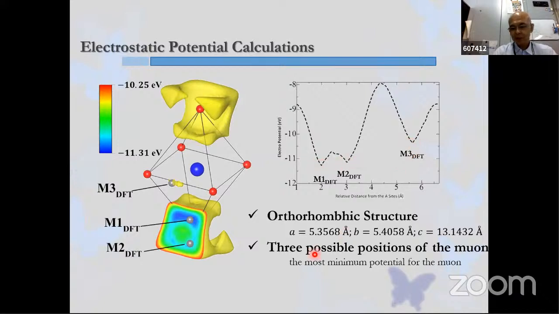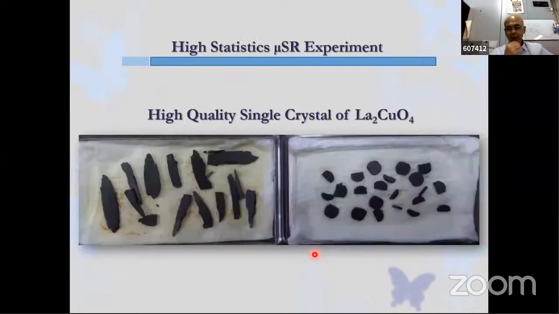Then we start the self-consistent calculations. On the other hand, we have to measure the muon data, but the past muon data was not good enough to compare with the DFT calculation, because DFT can give a very exact value but data sometimes cannot. So we synthesized single crystals of La2CuO4 through collaboration.